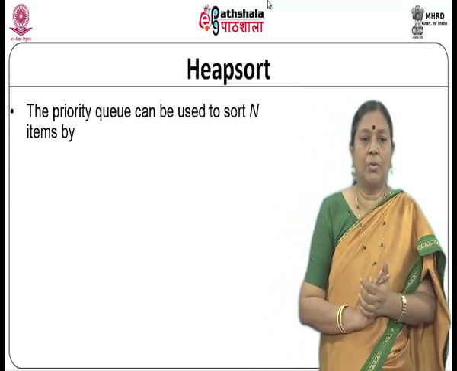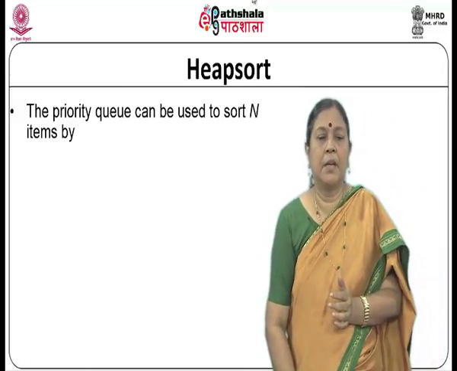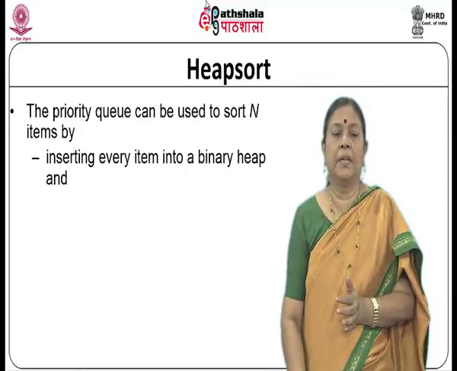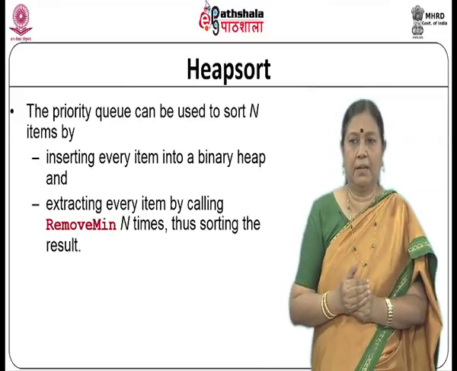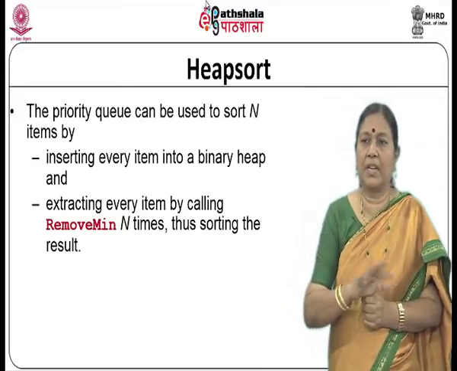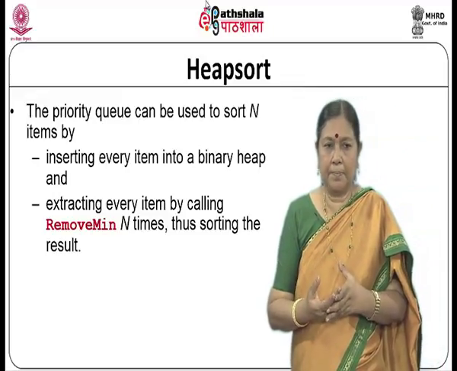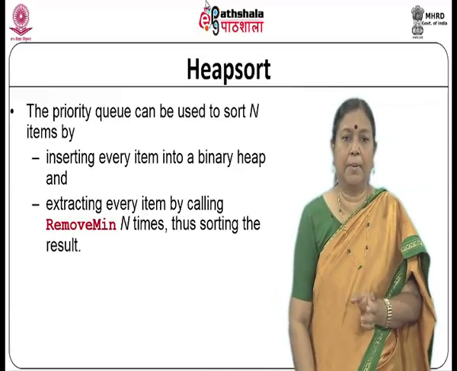The priority queue can be used to sort n items by inserting every item into a binary heap and extracting every item by calling remove minimum n times, thus sorting the result. So, we insert an item into a binary heap, then every time we remove the minimum element.